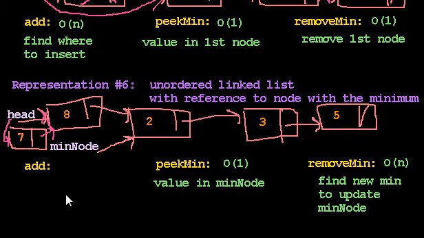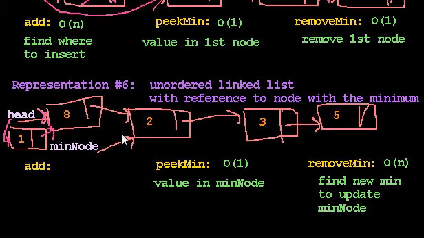I can add in constant time, except, I need to update min node also. Well, that's not too bad, because all I have to do is compare the value I'm adding with the value that's the minimum, which I can get in constant time. And I can certainly compare in constant time. If that new value is greater than the minimum, min node doesn't change. If, on the other hand, we had added, let's say, the value 1 to my structure, I would compare 1 and 2 and discover, ooh, 1 is less than 2.